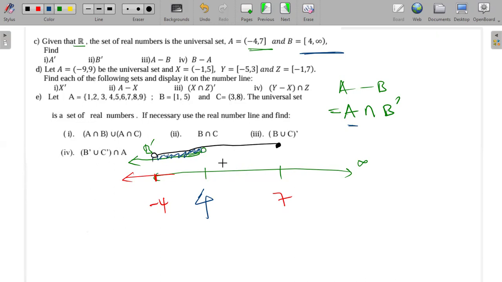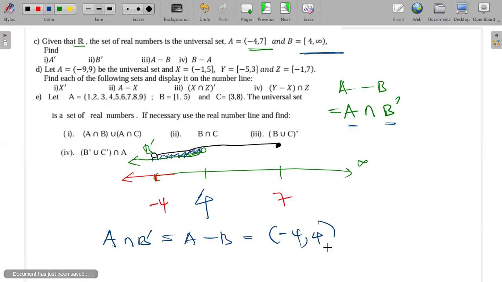And also 4 is not in B complement, so it can't be in the intersection. Therefore, A intersect B complement, which is the same as A minus B, the difference of A and B, is going to be open at -4, since it's not part of the set, and also open at 4. So this here is my A intersect B complement. Okay, so how do I then come to the next one?